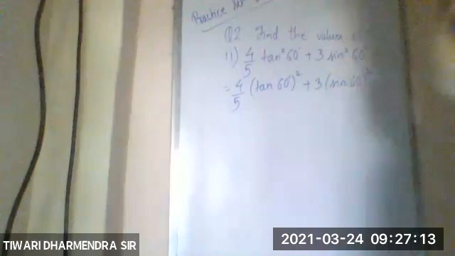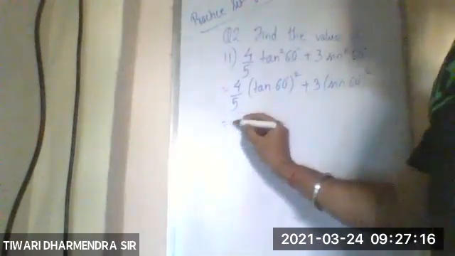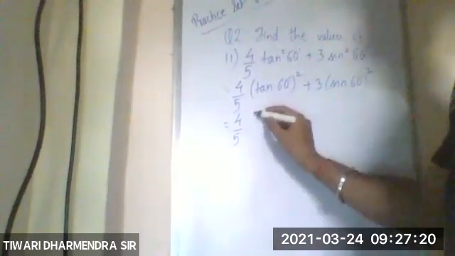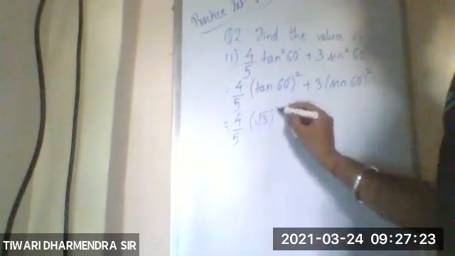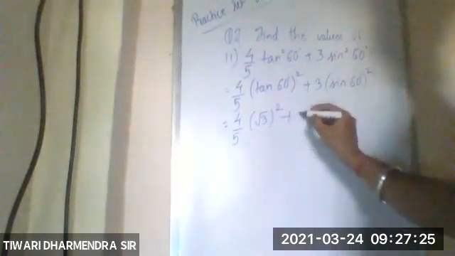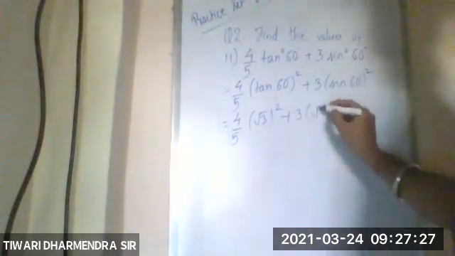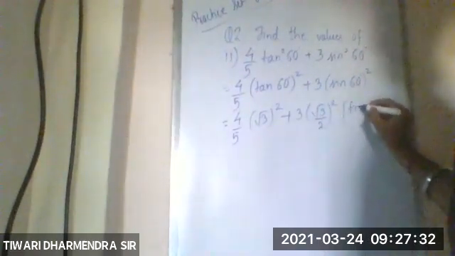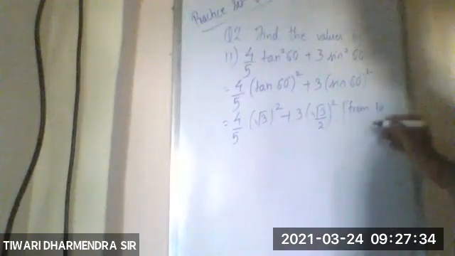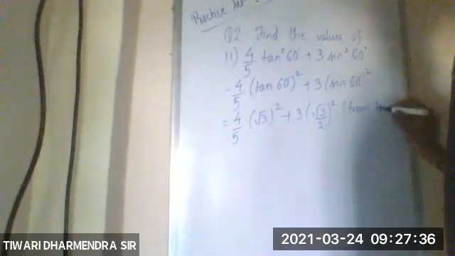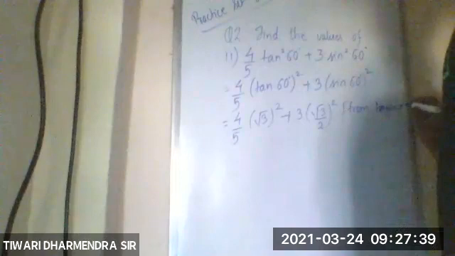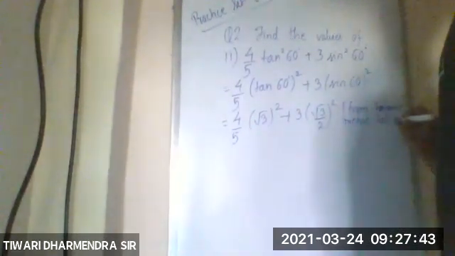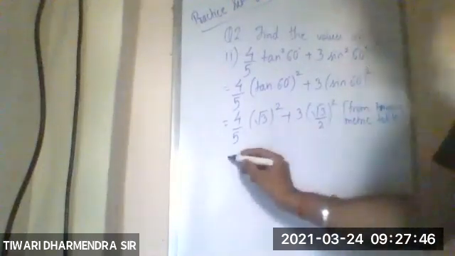Now, as I know the table, 4 by 5, tan 60 is given by nothing but root 3. So root 3 square plus 3 into sine 60, which is root 3 by 2, the whole square. This is from the trigonometric table.